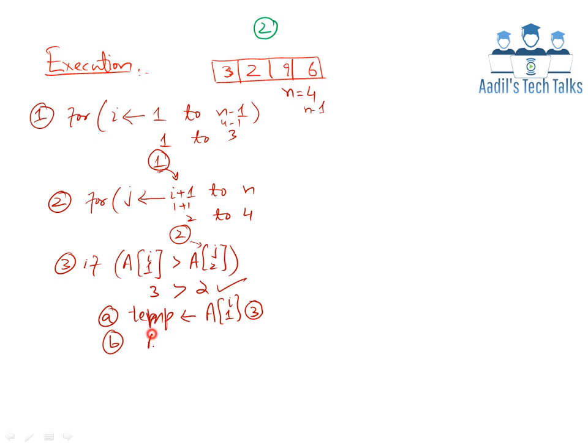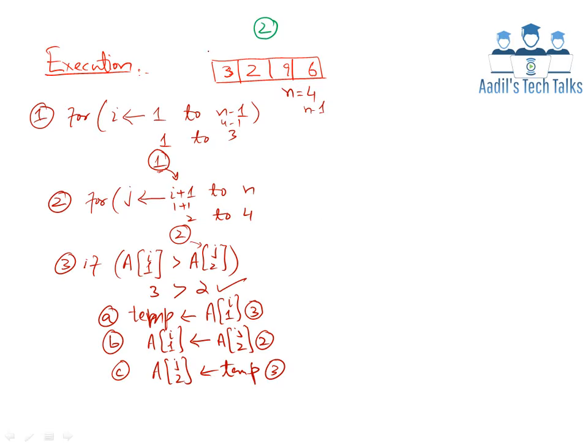Step B: ai, that is a1, gets aj, which means a2. The value of j is 2, and at a2 we have the value 2. So 2 is stored in location a1. Step C: aj, that is a2, gets temp, and we know 3 is stored in temp, so 3 is stored there.